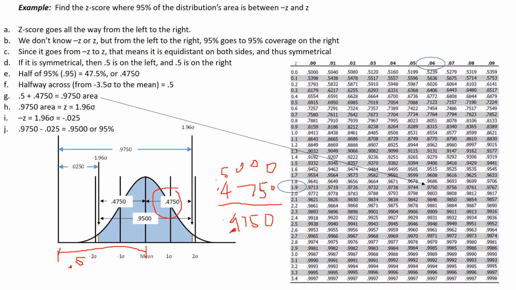And if I look up where 0.9750 is, it's right here. And that is 1.96. So my z, let me erase this right here, done a lot of scribbling here. My z is 1.96 deviations.